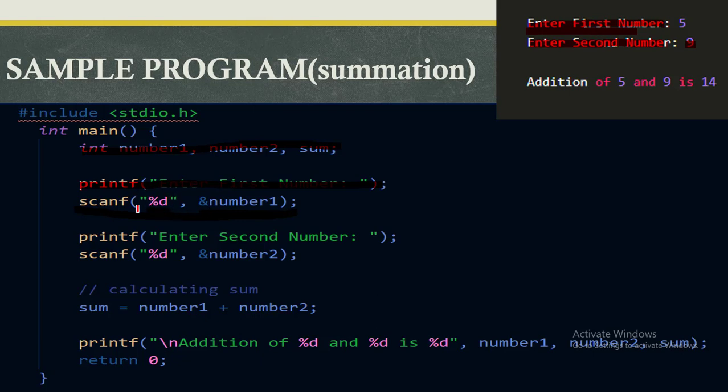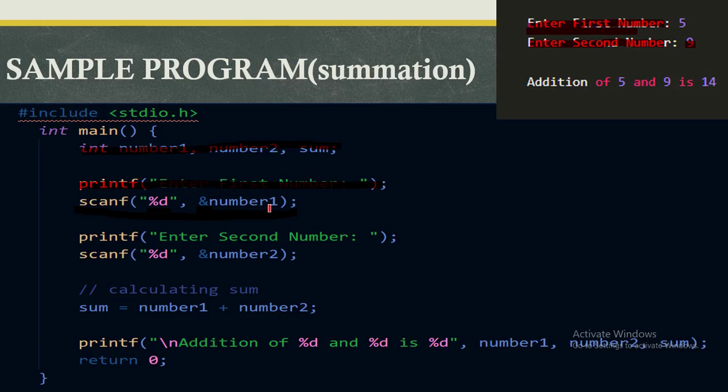The conversion specifier implies that a user is supposed to enter an integer. %d means it's an integer that should be entered from the keyboard. The &, it's indicating the address. Where do we want to store this particular value? We want to store it in this variable location, which is number1. So the & is going to give us the address, and then number1, of course, is our variable name where the value needs to be stored.